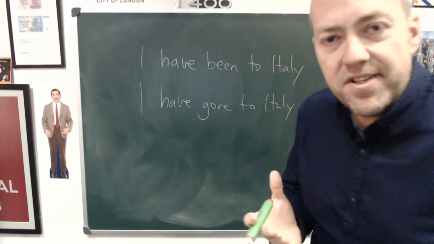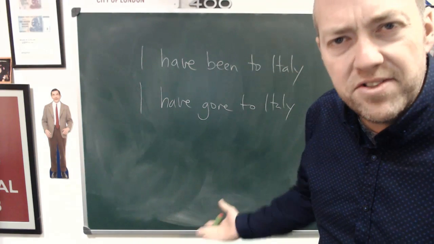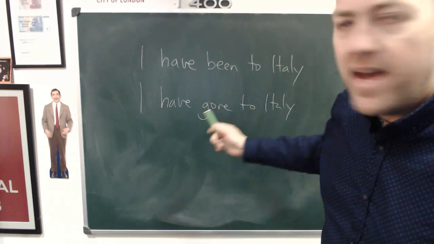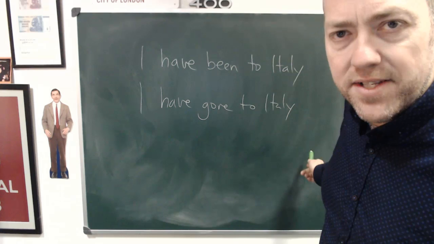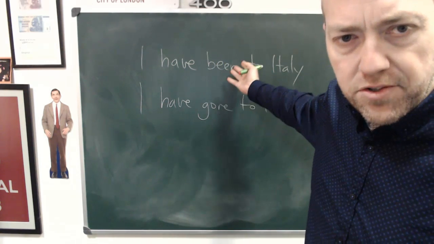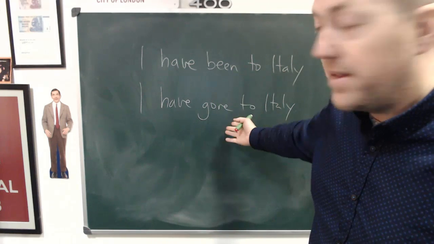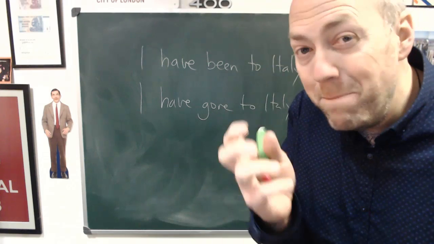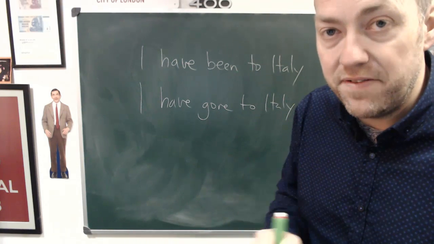So these are two very common sentences. I have been to Italy, and I have gone to Italy. And the first one uses the verb to be, but the second one is using the verb to go. But the meaning is very, very different.